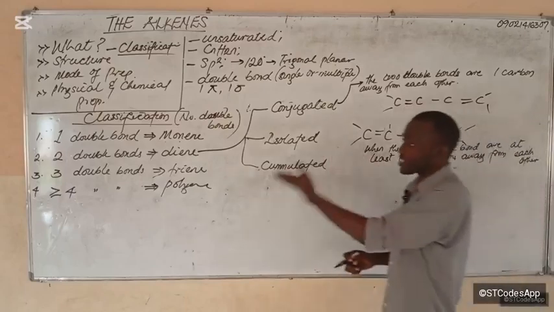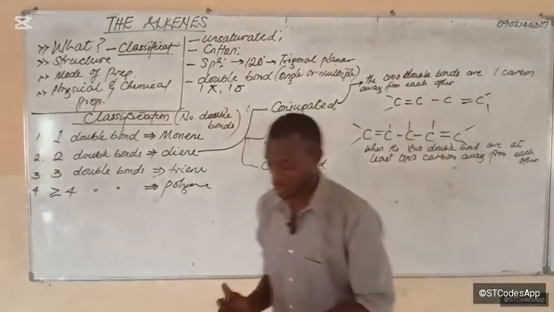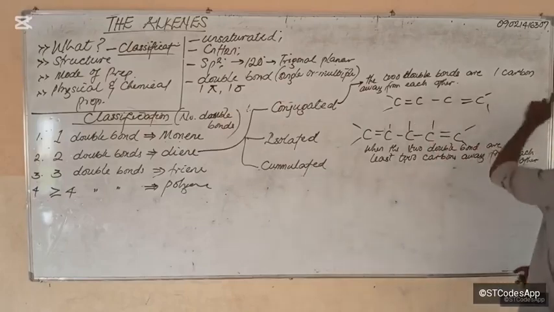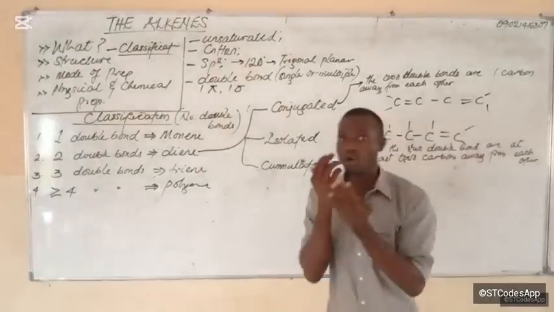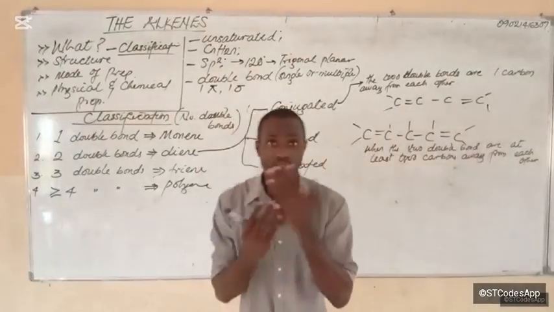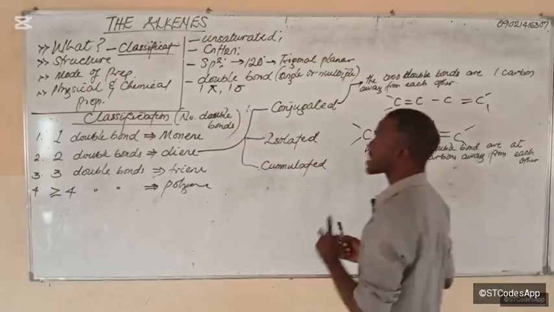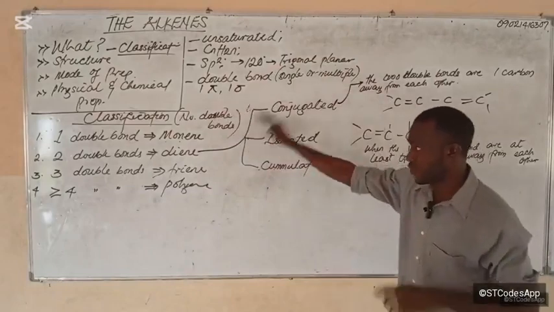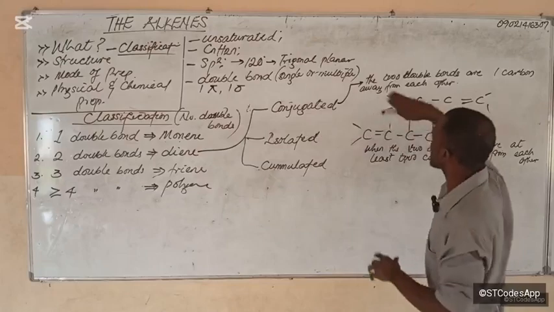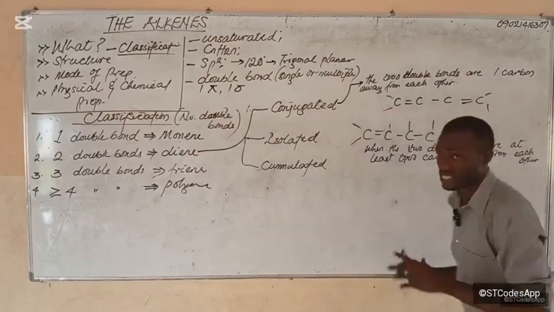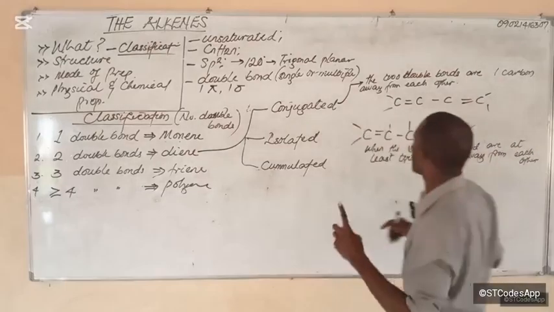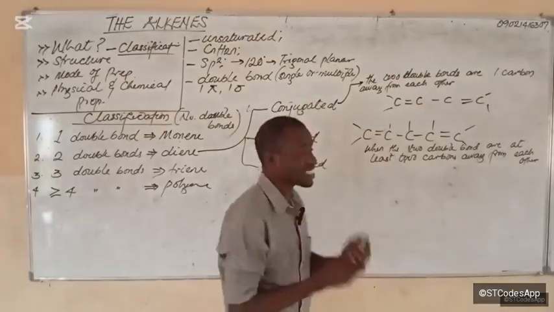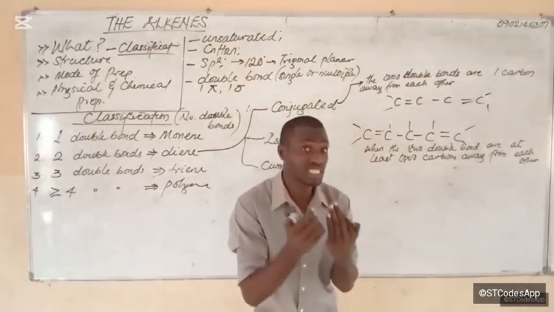Now, it could also occur with trienes or polyenes. I could have a double bond, a single bond, a double bond, a single bond, a double bond, like that. Once it is alternating double and single bonds between every carbon, it is a conjugated system. I'm using a diene now, for example. It's a conjugated system when you have two double bonds that are just one carbon away from each other, such that there are alternating single and double bonds in the system.